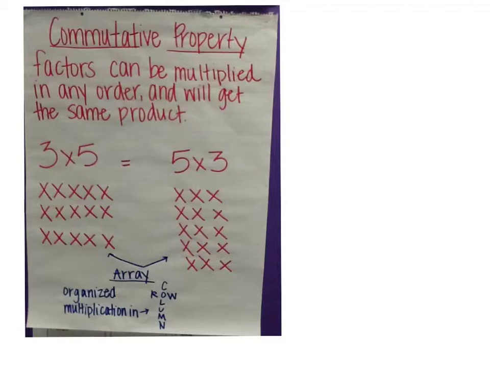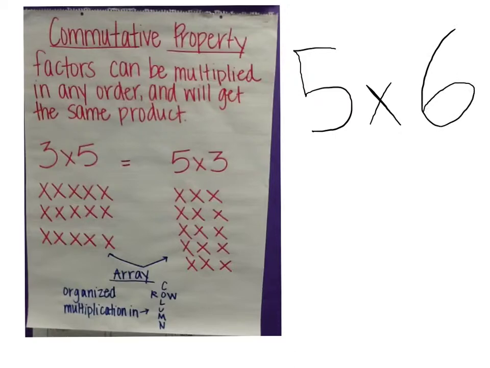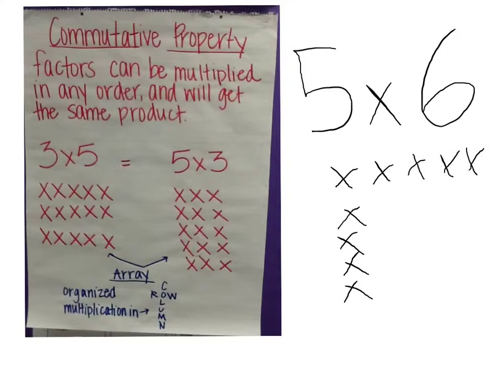Let's try 5 groups of 6 in each group. So 5 rows of 6 in each row. 3, 4, 5, 6, 1, 2, 3, 4, 5.